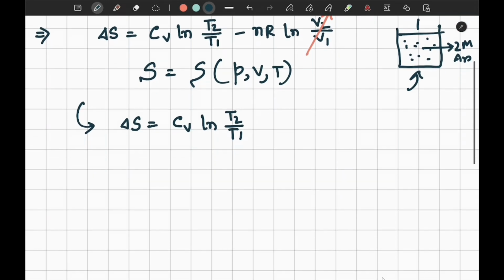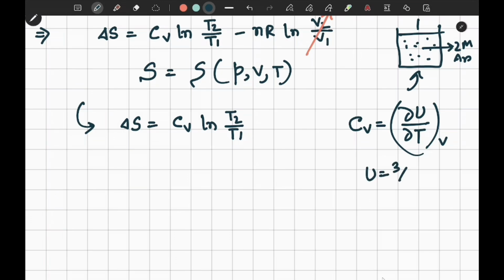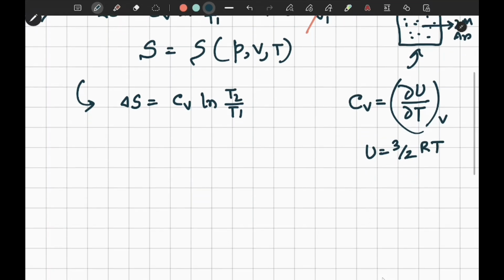Now what is CV? CV is not given, so we have to calculate it. For an ideal gas, CV is del U by del T at constant V. Argon is a monoatomic ideal gas. For a monoatomic ideal gas, from equipartition theory, you know that for 1 mole, U is 3 by 2 RT.